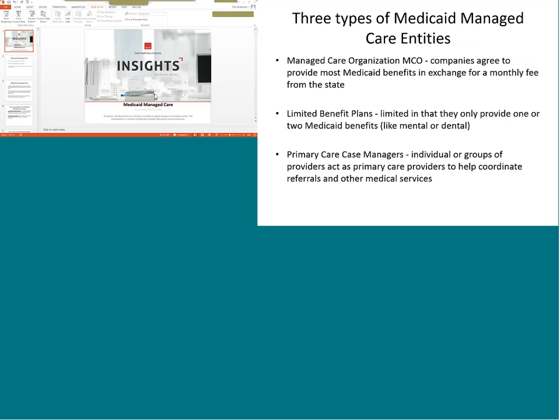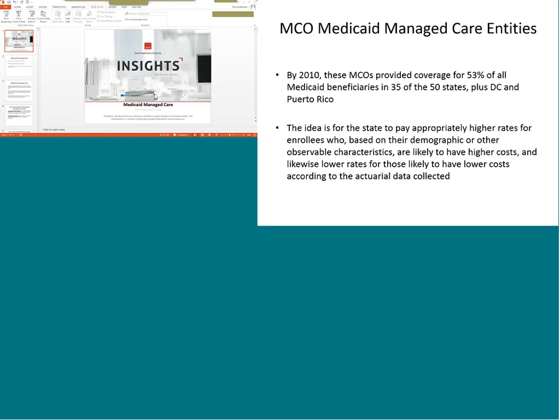The one that's most common is the managed care organization, and they agree to pay Medicaid benefits for a monthly fee per enrollee from the state. By 2010, 53% of all Medicaid beneficiaries in 35 of 50 states were covered by these MCOs.